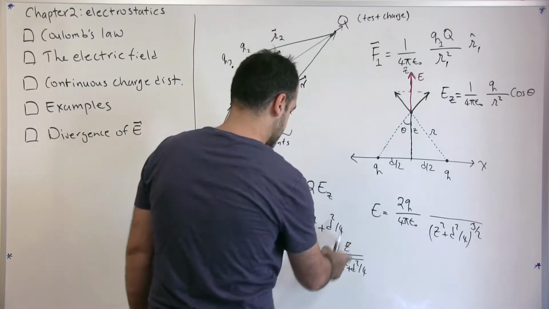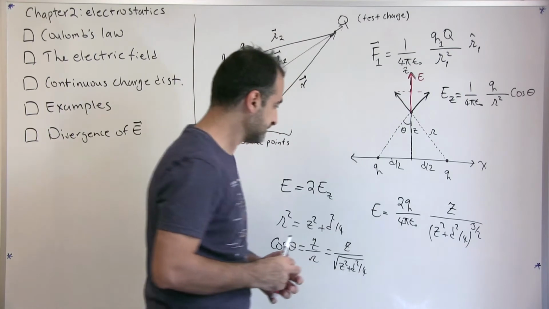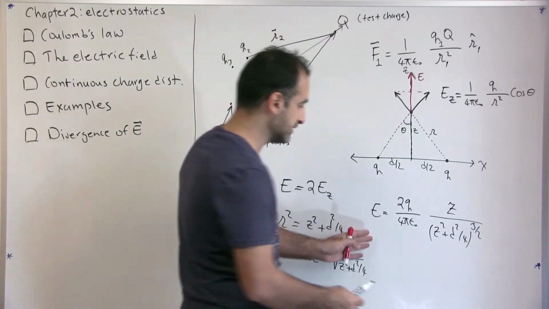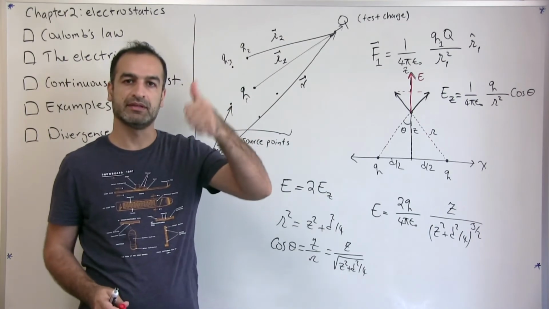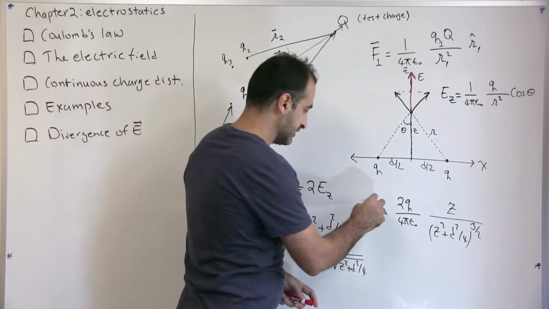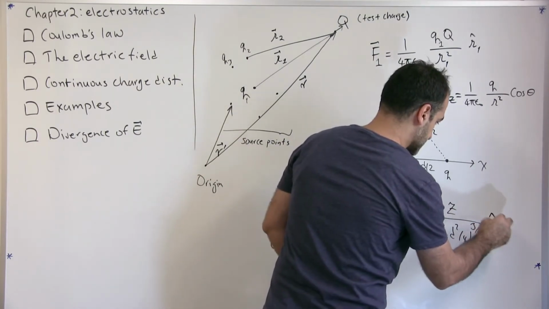And then we have z in the numerator because of the cosine theta. And that is going to be the electric field. This is a magnitude. What is the direction? It's going up in the z direction. So in vector notation, I would multiply the whole thing by z hat.